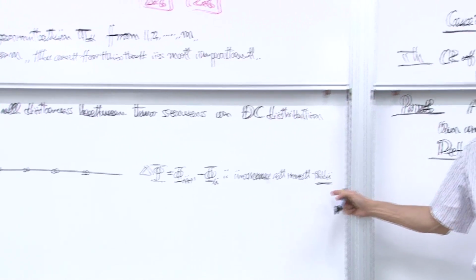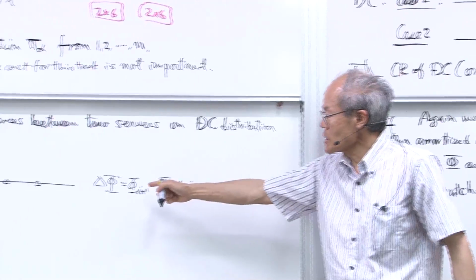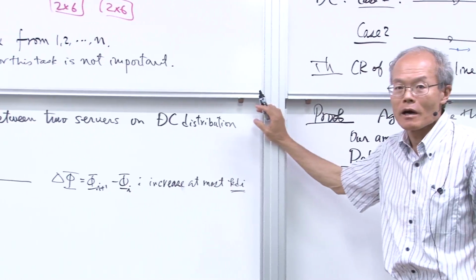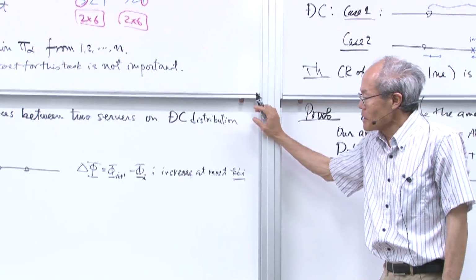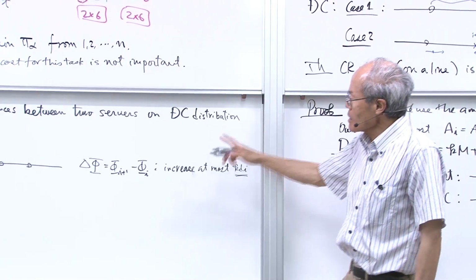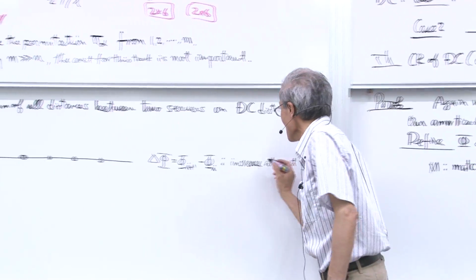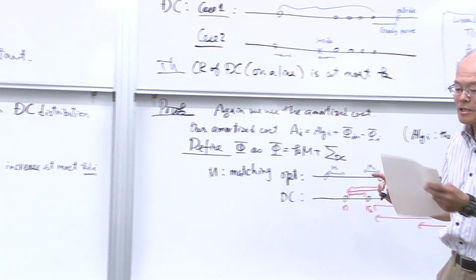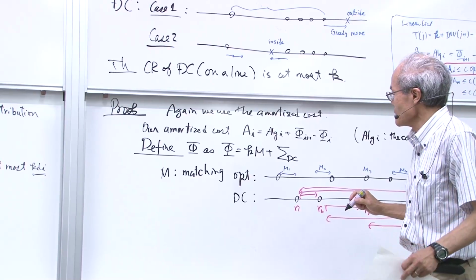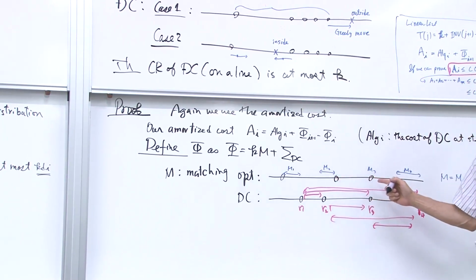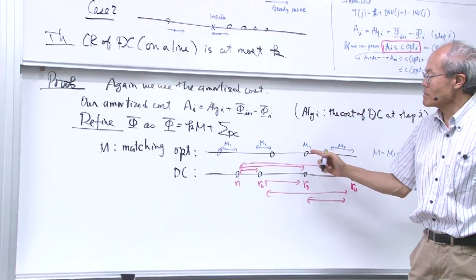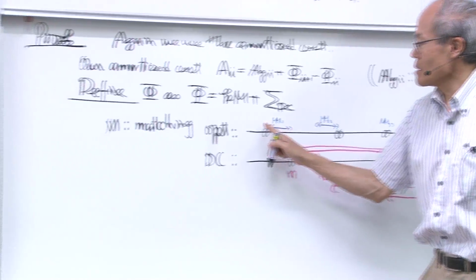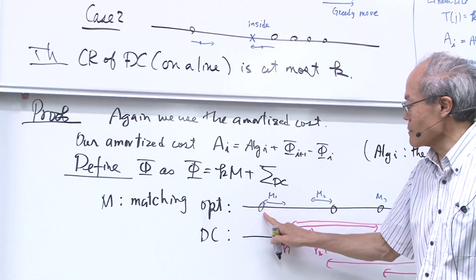Can you see here? What is the difference? What is the increase of phi? That increases at most k d_i. At most k d_i. Why? Now just look at this. The situation is just this server moves here.